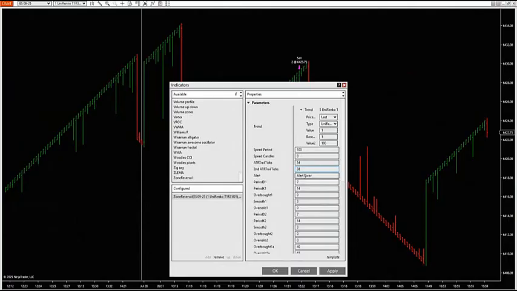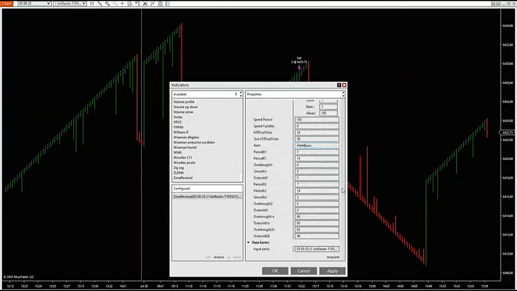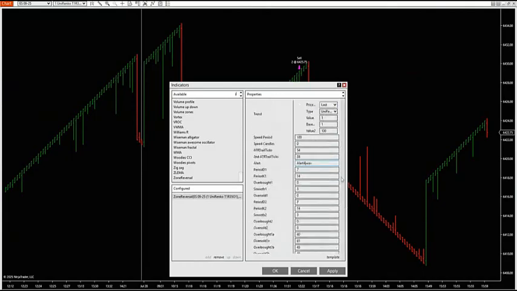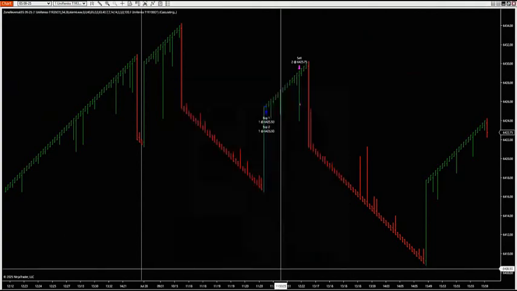If you want a beep, change it to 4. There are different sound settings you can change it to. Change it to 3 for a different sound. A lot of traders like the beep, so they leave it at 4. Come down. Everything else, my zones are already put in. It's an automatic program. That's all you do. It's done. It's that easy. You apply, hit OK.